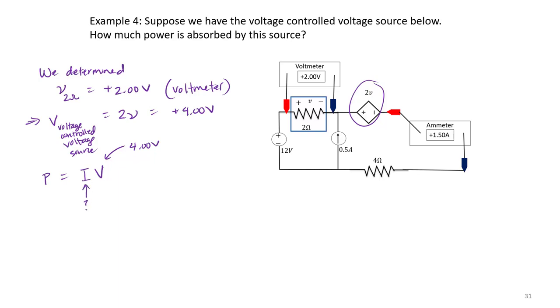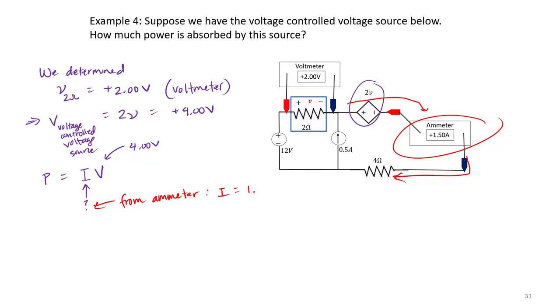Do we know our current? Hey, wait a minute. The ammeter tells us, from the ammeter, we know that our current I is 1.5 amps.